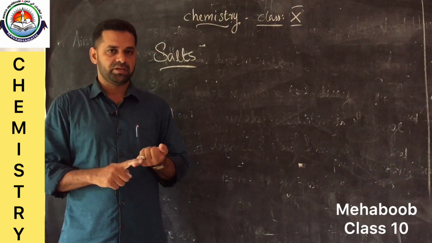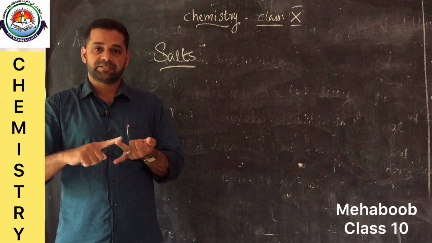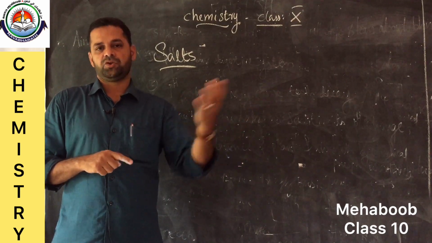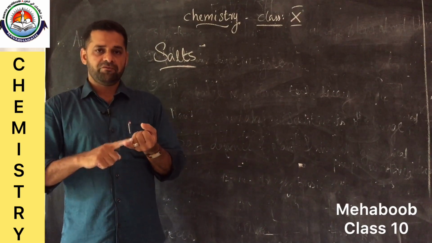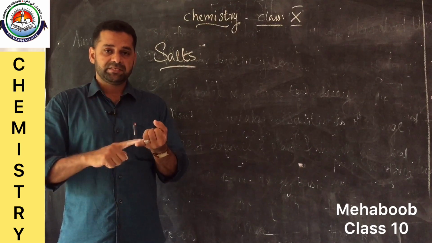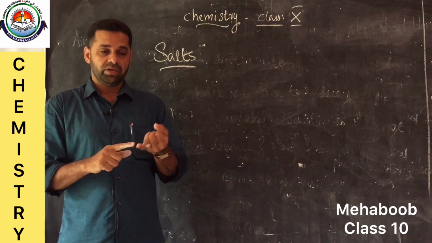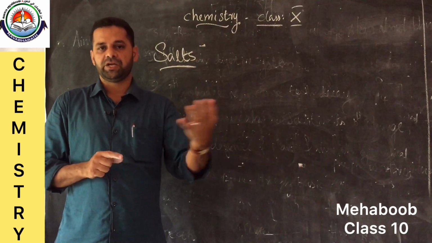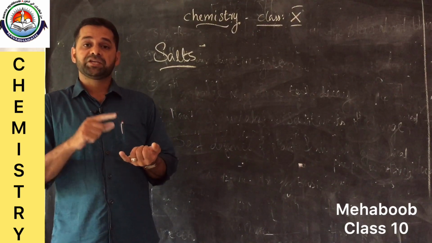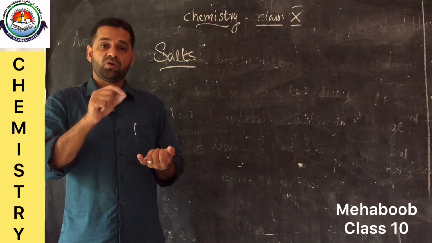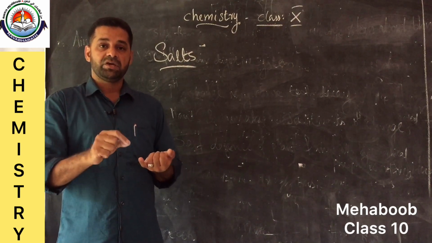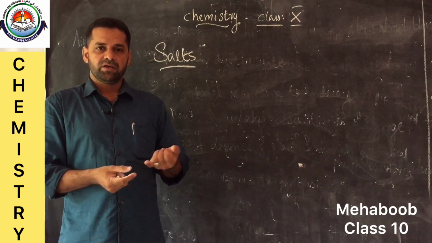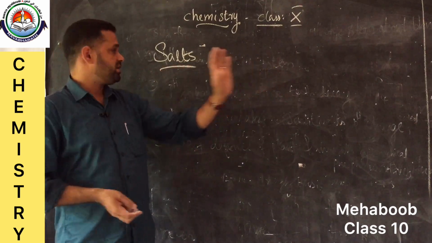By the action of acids on metals we get salt plus hydrogen. By the action of metals with bases we get metal salt plus hydrogen gas. And by the action of acids on carbonates and bicarbonates we get metal salt, carbon dioxide and water.